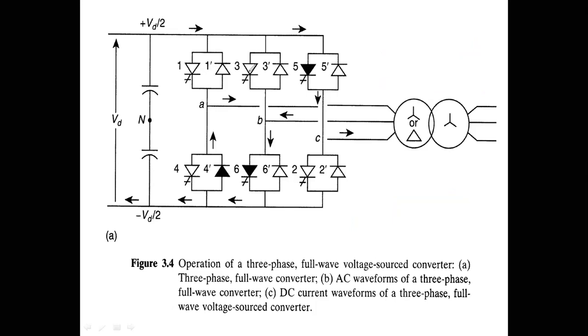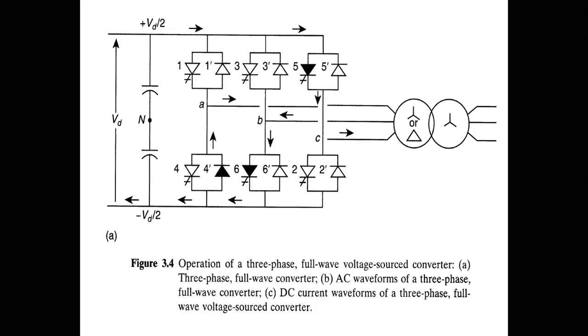Then the phase difference between any two is 120 degrees. That means it will come on only after 120 degrees of this one, and after 120 degrees 5 will come. Please remember these 2 points, and we'll discuss the actual operation of this three-phase converter.